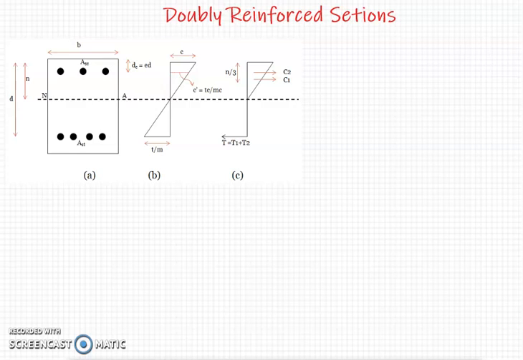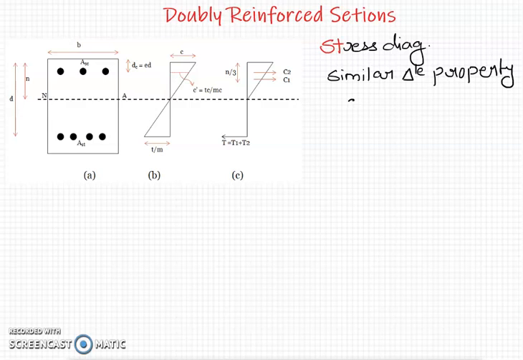So to start with, first we will consider from stress diagram, using similar triangle property, we can write small c divided by n.